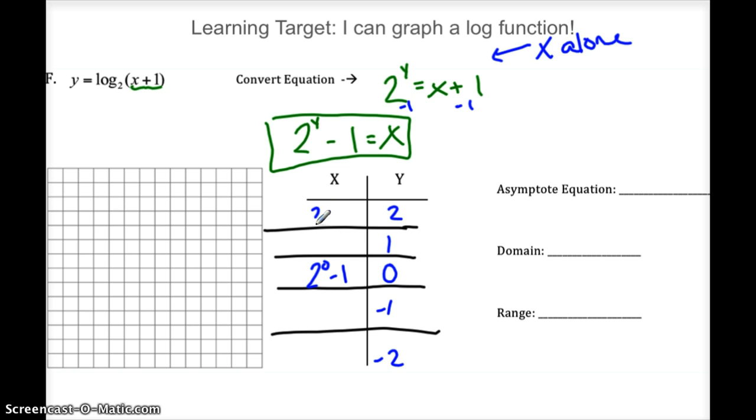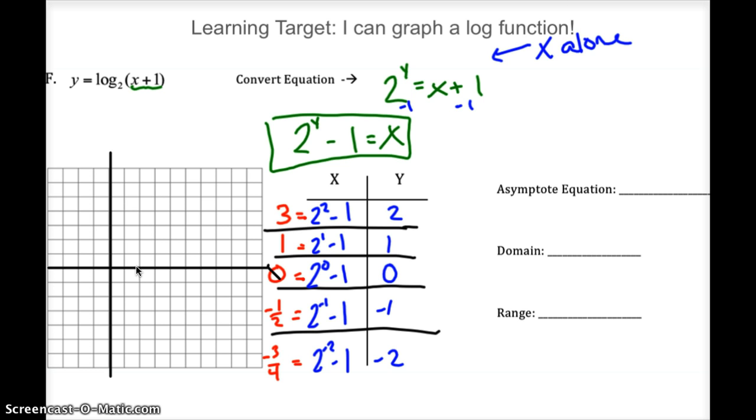So I'd have 2 squared minus 1, 2 to the first minus 1, 2 to the negative 1 minus 1, 2 to the negative 2 minus 1. Okay, and then just brute force figure out what those numbers are. 4 minus 1 is 3, 2 minus 1 is 1, 1 minus 1 is 0, 1/2 minus 1, negative 1/2, 1/4 minus 1, negative 3/4.